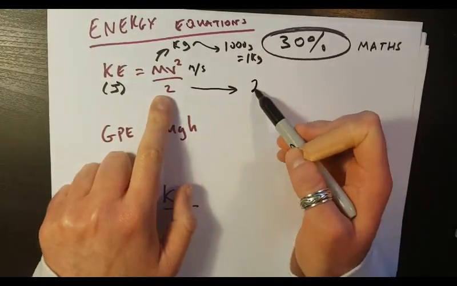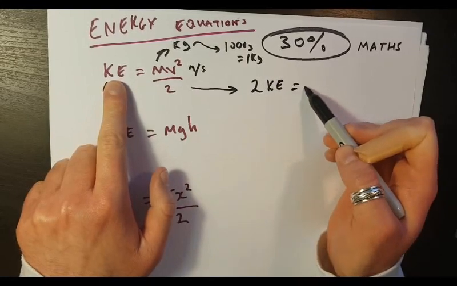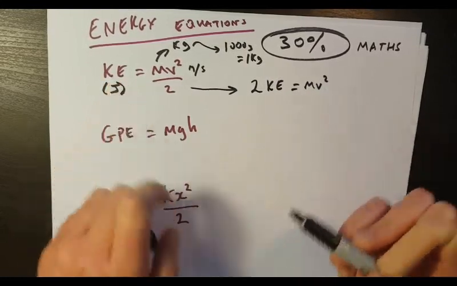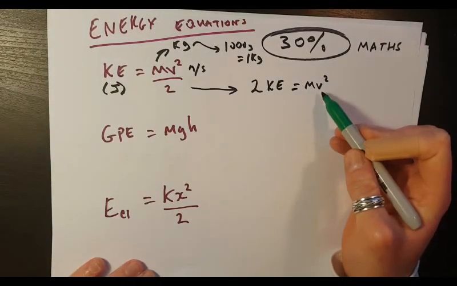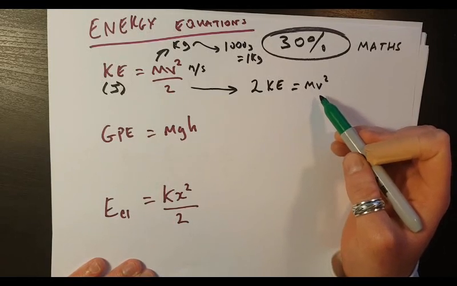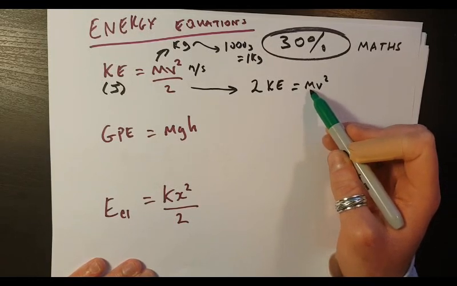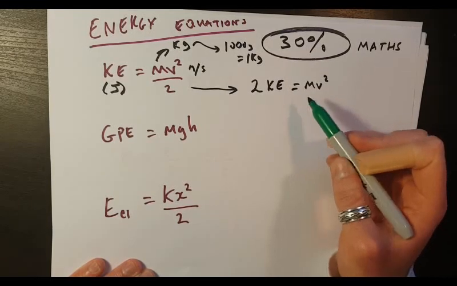So I'm going to have 2 times kinetic energy equals mass times velocity squared. Well, now we've got mass times velocity squared, and we want the velocity. We want to work out the velocity of this object. So what we do, we need to get rid of the m first. So it's currently multiplying, so we do the opposite. We would divide.